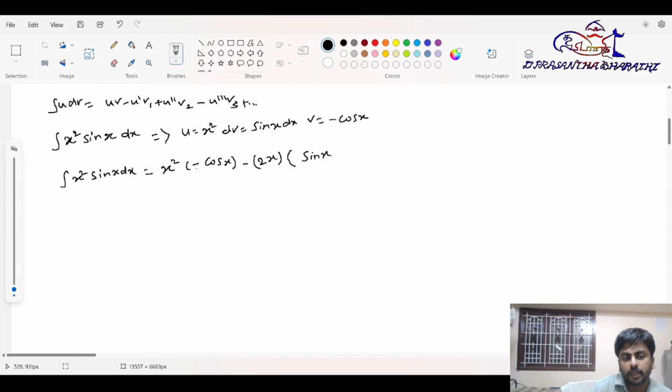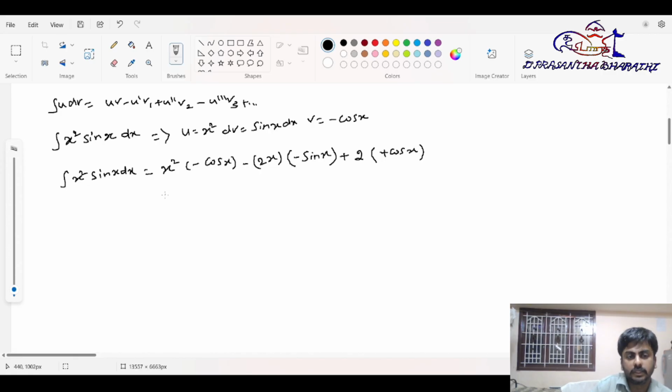Since you have that minus, here you will have uv minus u dash v1 plus u double dash v2. So you differentiate this 2x once again, and you will get 2. Here the integration of sin x is minus cos x, so since there is a minus, you will get plus cos x.